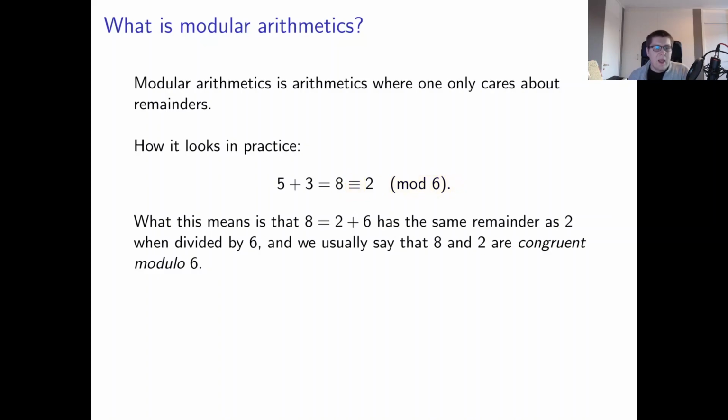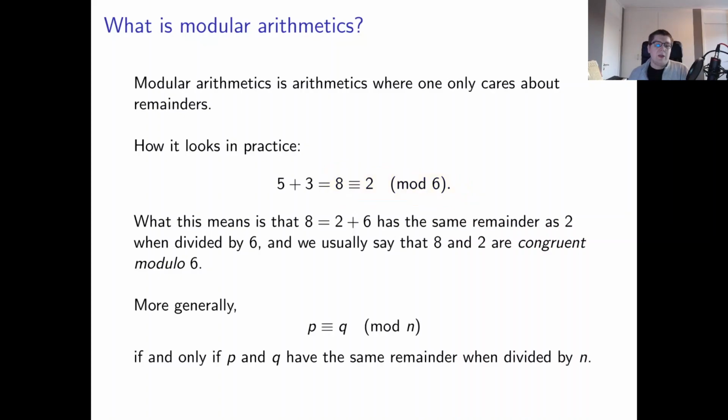What this means is simply that 8, which is equal to 2 plus 6, has the same remainder as 2 when divided by 6. This is something we usually call that 8 and 2 are congruent modulo 6.